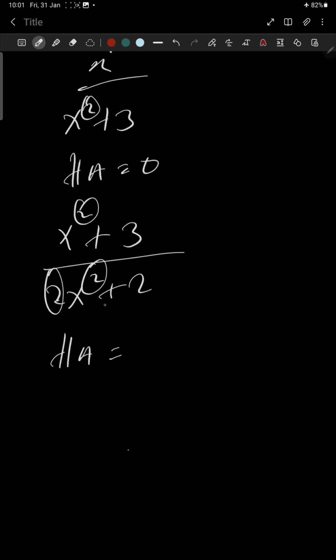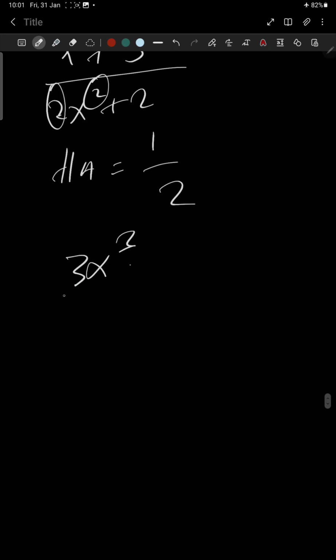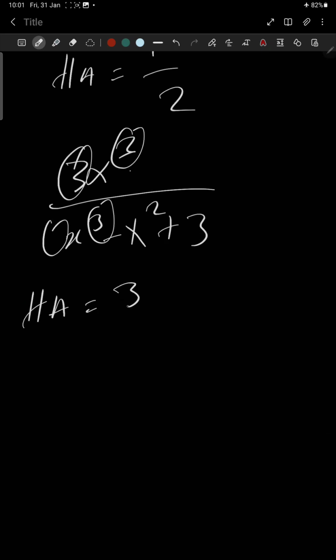For example, 3x cubed over x cubed minus 1, plus 2: since these have the same powers, you just divide the coefficients, so this is 3 over 1, and the answer is 3.